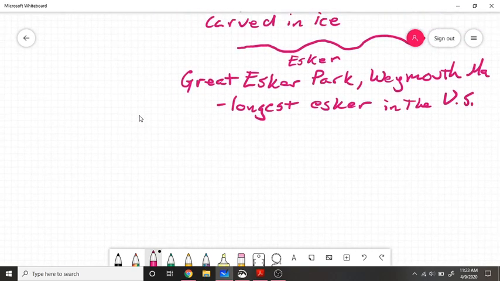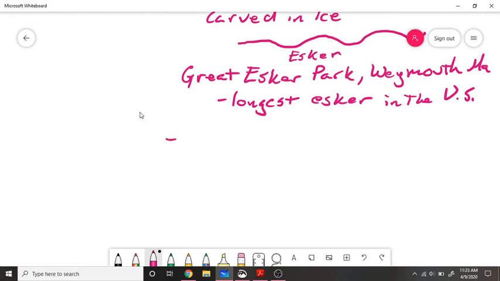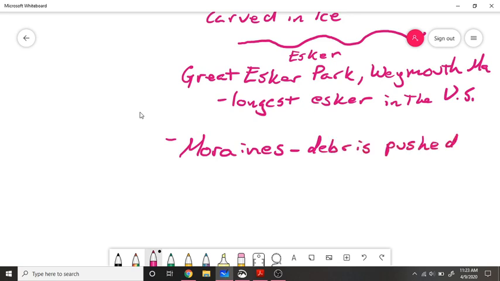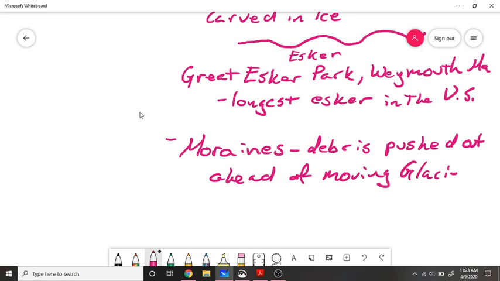And the last feature we talked about yesterday were moraines, which is the debris pushed ahead of a moving glacier. And I said the island of Nantucket would be an example of a moraine.